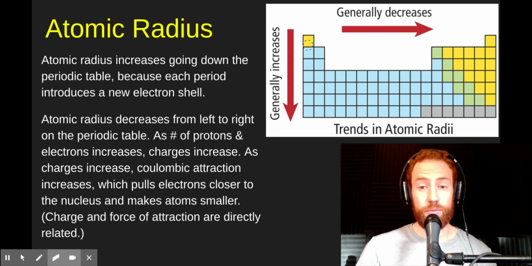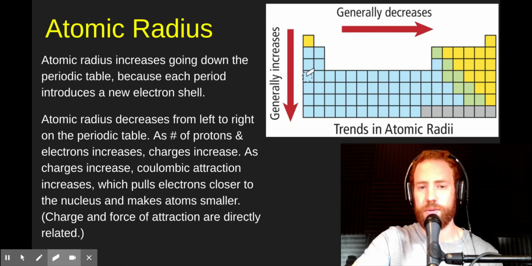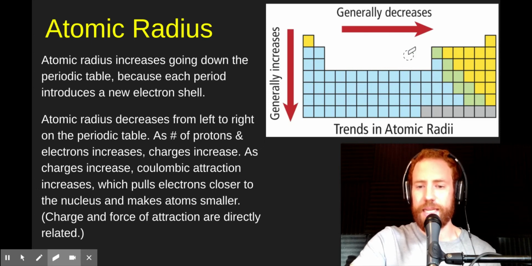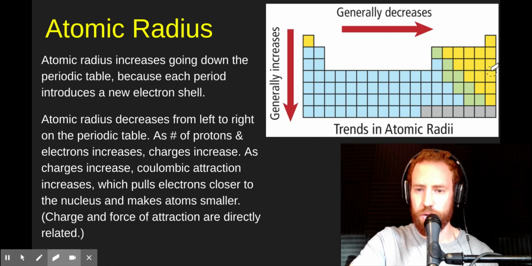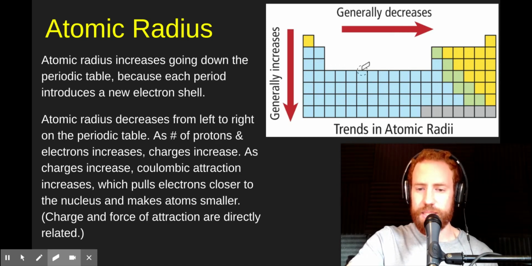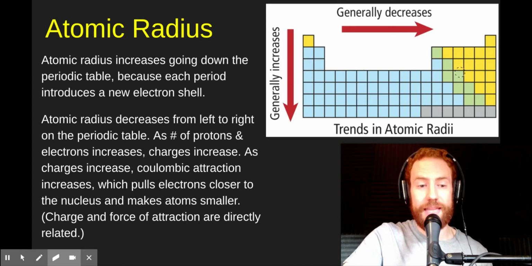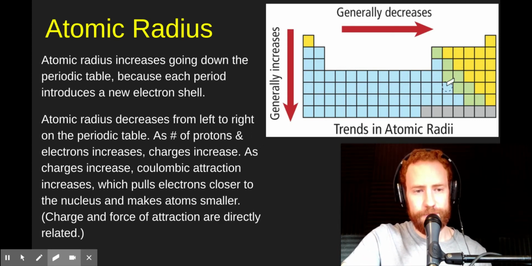However, from left to right, the opposite is true. Even though as you go from left to right across a period in the periodic table, you are gaining particles. Things over here have fewer protons and electrons and neutrons than things over here. The atomic radius, the size of the atoms, actually decreases. And as you might remember, that is due to something called Coulomb's law and coulombic attraction between charged particles.